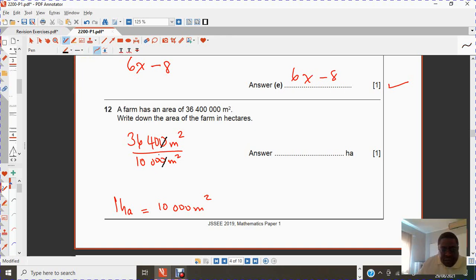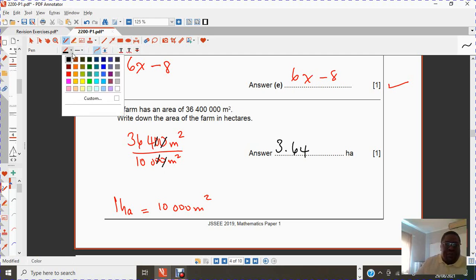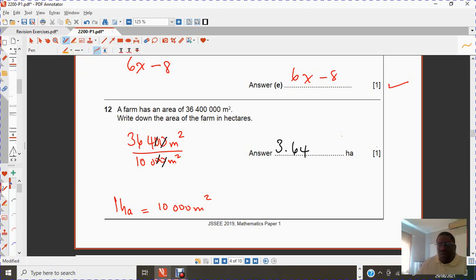I can cancel, divide by 100, and then the answer is 3.64 hectares. You will not be able to do that if you did not know this fact. If you don't know this fact, you have a problem in solving that particular question.